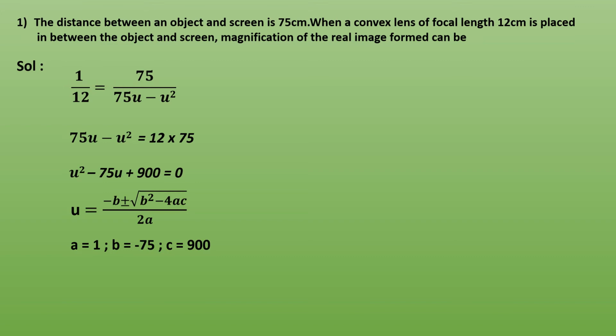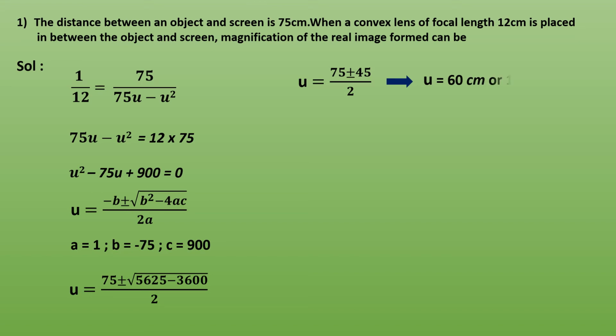If we substitute these values in the above equation, we get u is equal to 75 plus or minus square root of 5625 minus 3600 divided by 2. If we simplify this, we get the value of u as 60 centimeters or 15 centimeters.